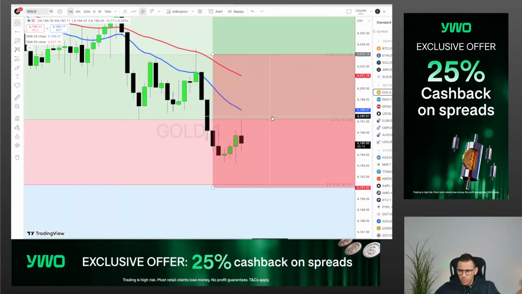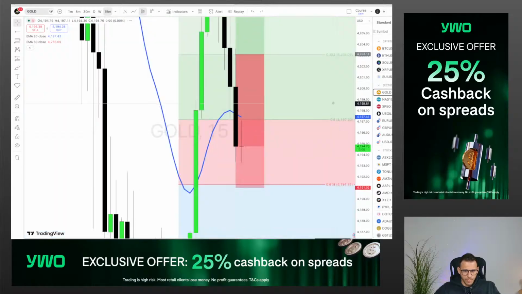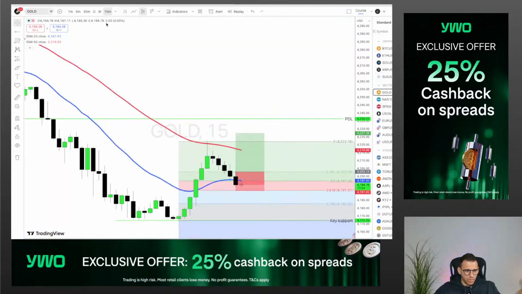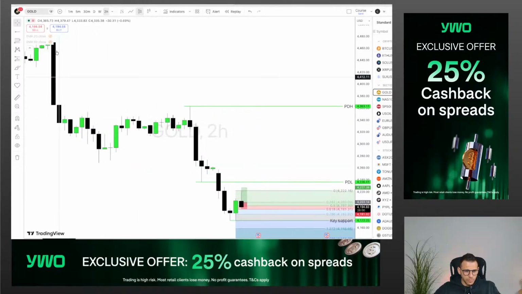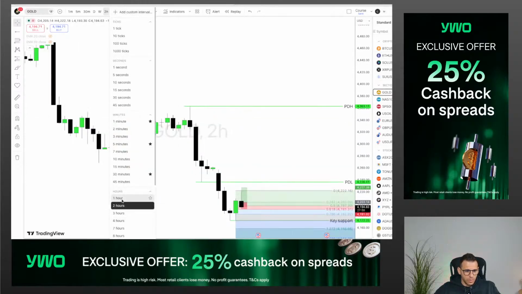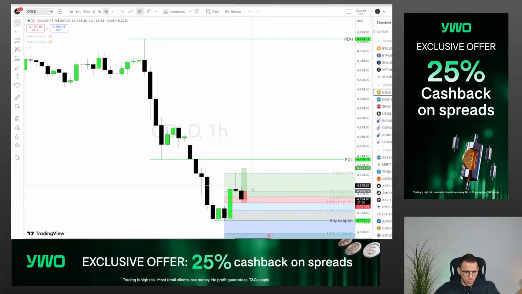Let's see how gold will move in the next 30 minutes to complete this first hour candlestick. Was that one with a pin bar here on gold.